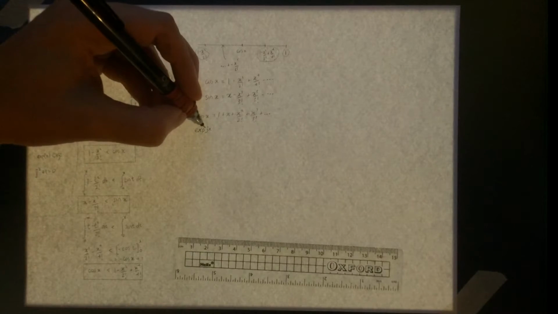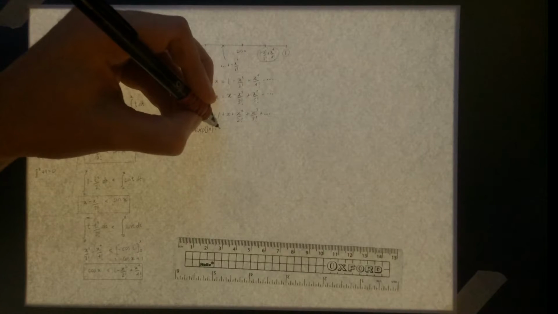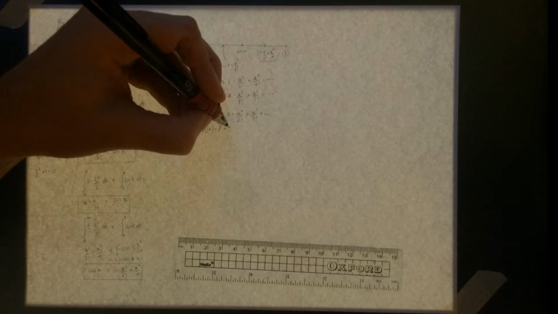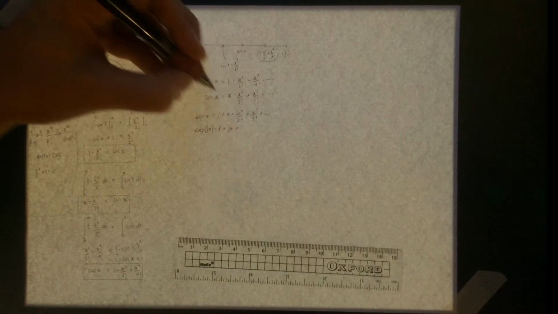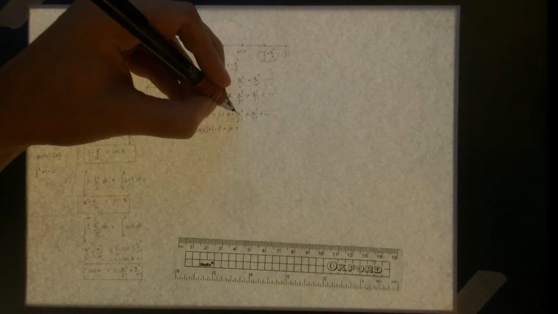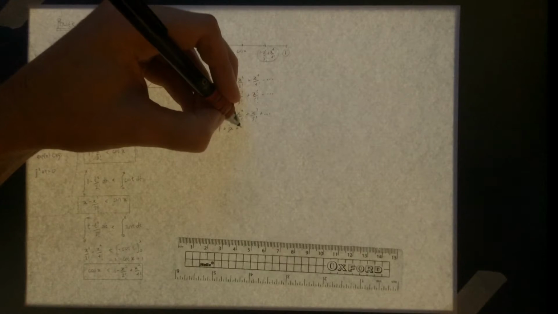So what's exp of jx going to be? Well, 1 plus jx plus jx squared, which is j squared x squared, and j squared is minus 1, so it's minus x squared.